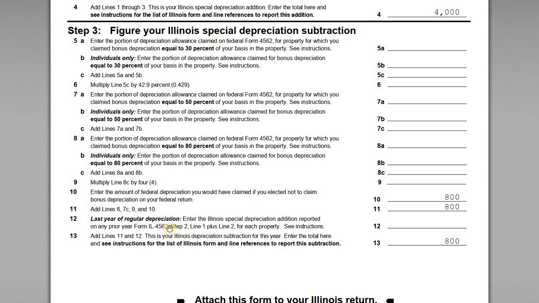So remember, in IRS code section 168(k)(7), that's the bonus depreciation section. So (k)(7) allows us to elect out of federal bonus depreciation. So if you had elected out of federal bonus depreciation, what would be the amount of depreciation that would have been claimed just under the general MACRS tables? And that would have been $800.